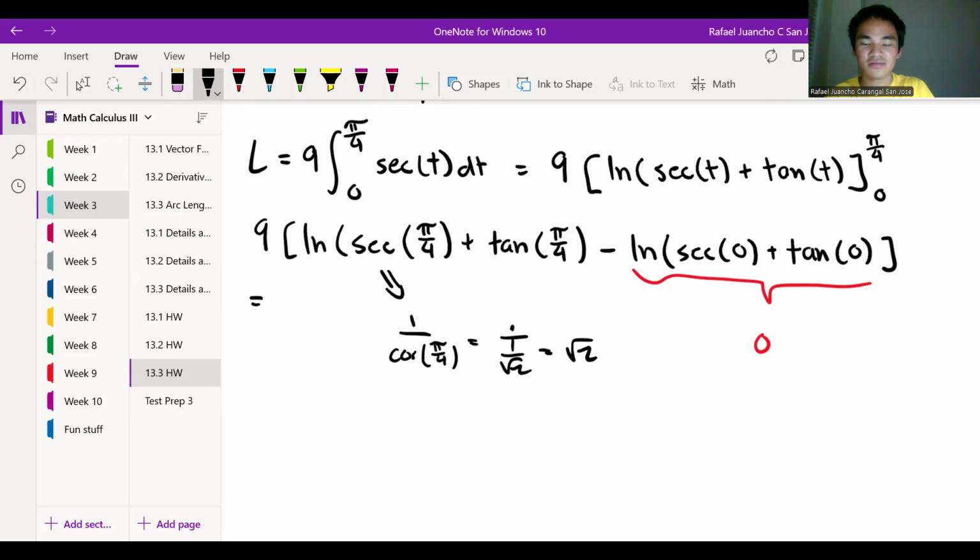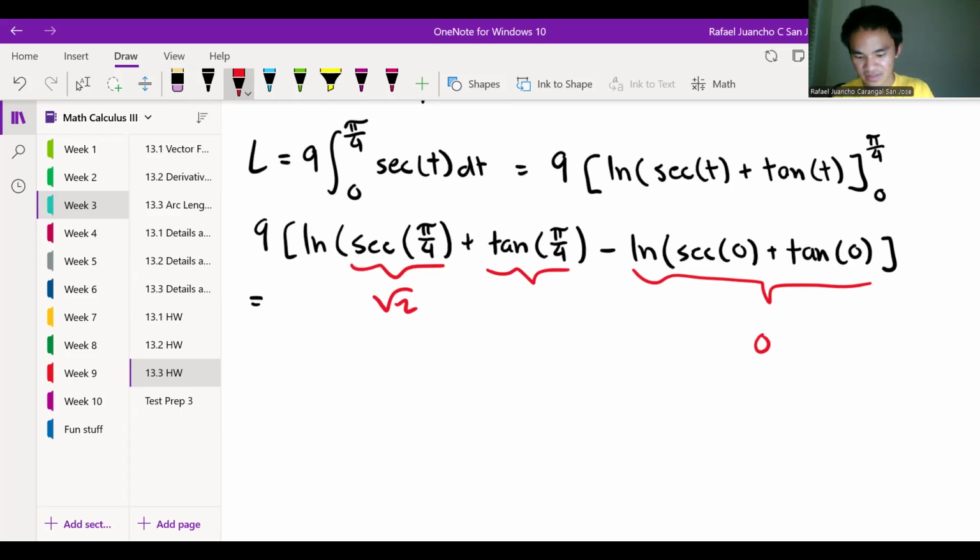So secant pi fourth is just square root of 2. Tangent pi fourth is 1. So this is square root of 2 plus 1. So I basically get 9 ln of square root of 2 plus 1.